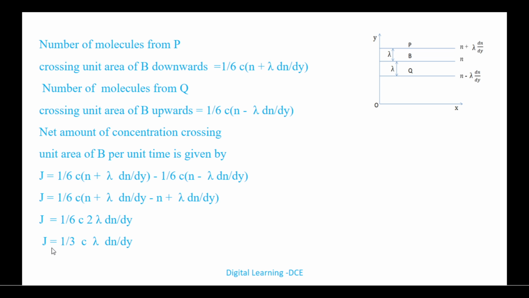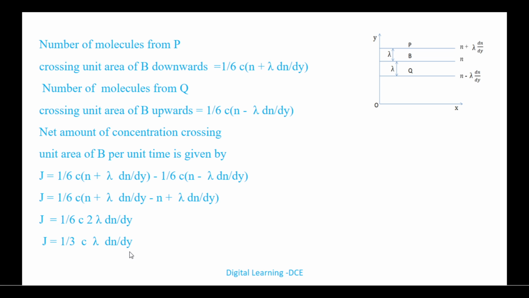Hence, finally, the net amount of concentration crossing unit area of layer B in unit time is J = 1/3 C λ dn/dy.